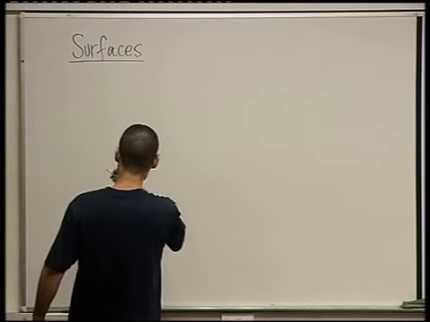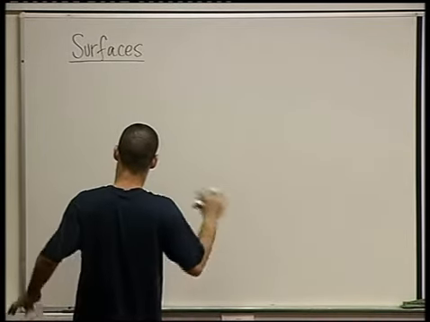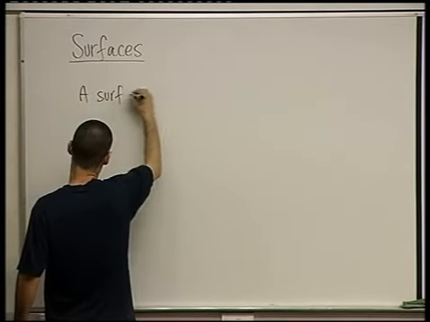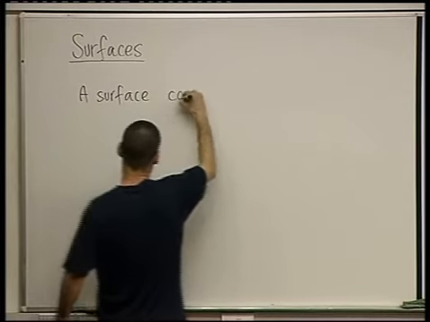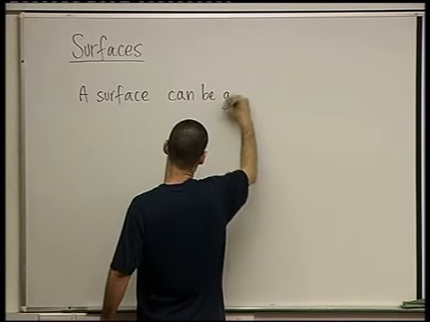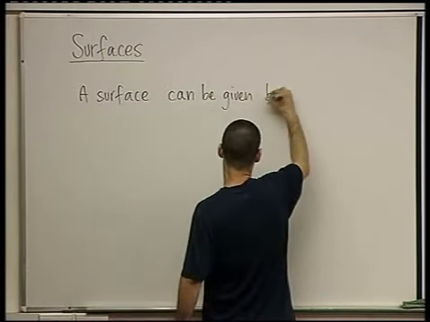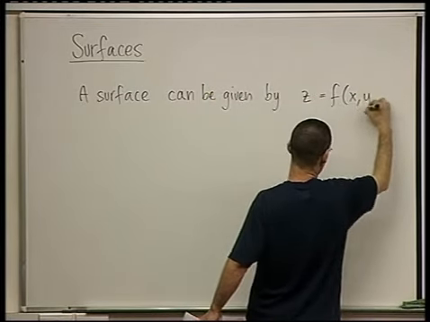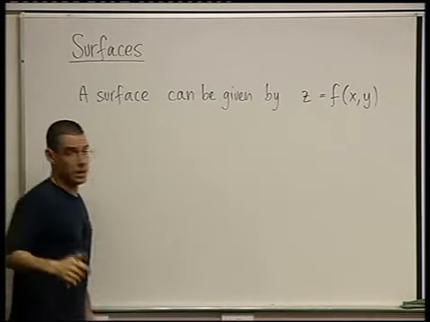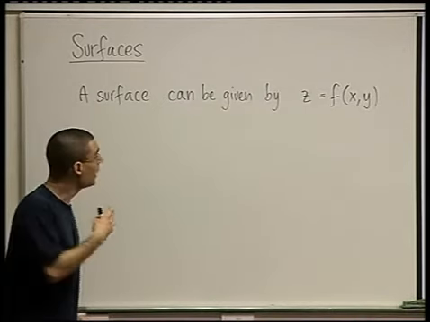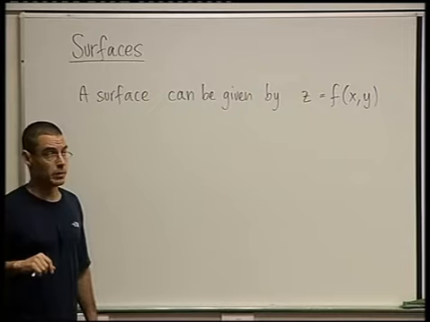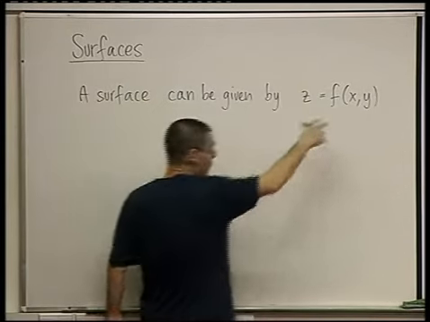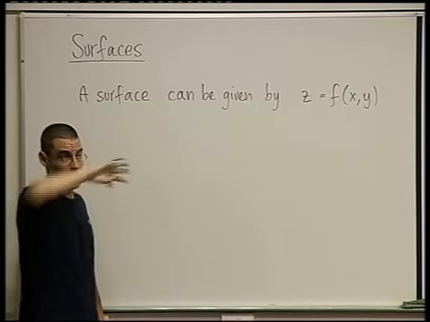So, starting from the beginning, what is a surface? A surface can be given by the graph of a function, z equals f of x, y. That's one way we've already encountered to describe a surface, right? If we have a function of two variables, the graph of the function is a surface.